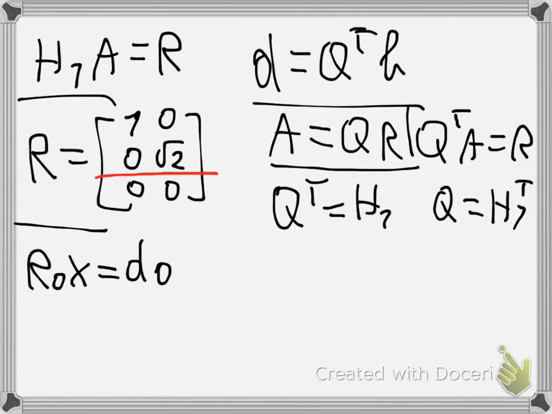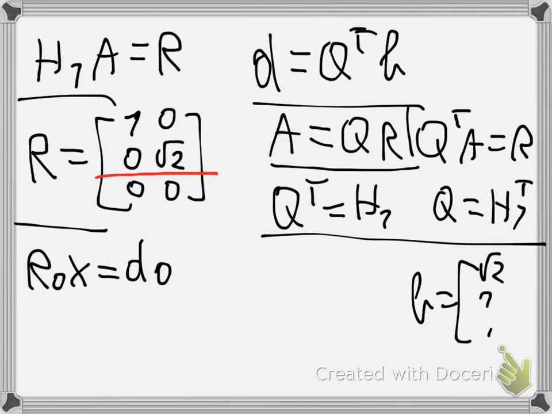And so we can find d. Remember that b is square root of 2, 1, 1. And so if we compute, we will get that d will also be equal to square root of 2, 1, 1.